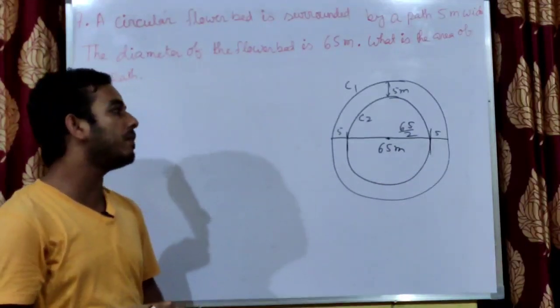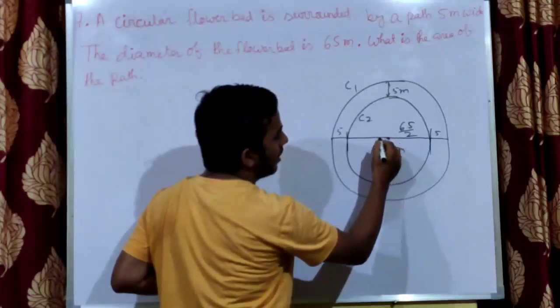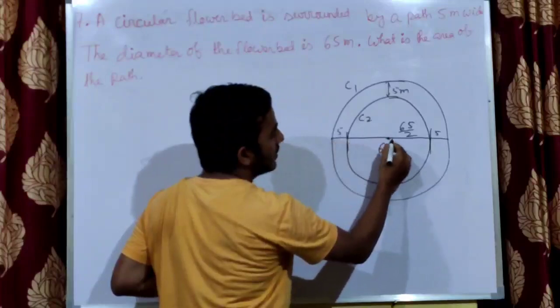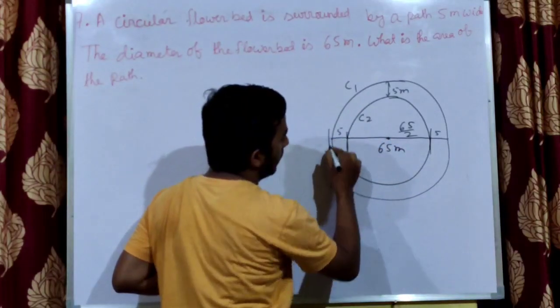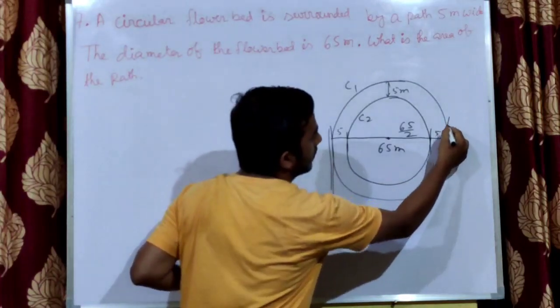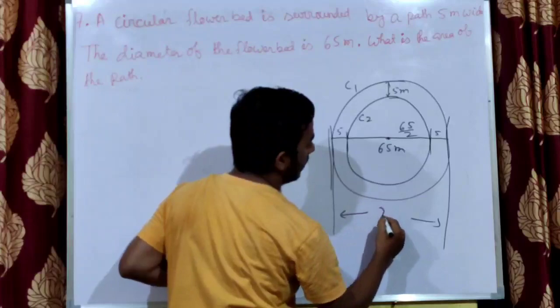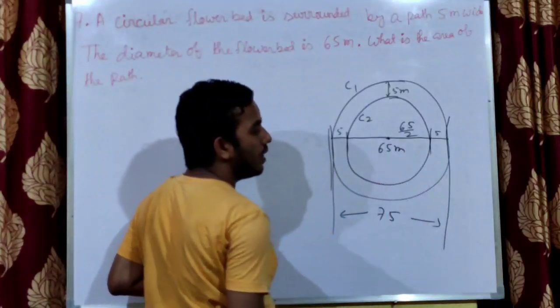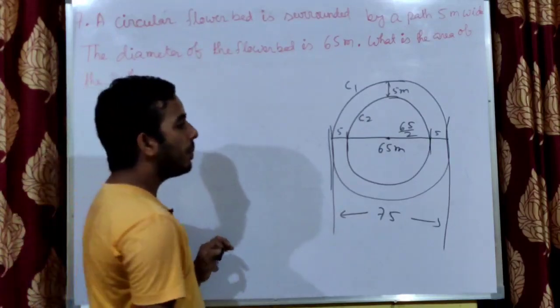It is 75. That means its diameter is 75. So if its diameter is 75, its radius will be 75 by 2.